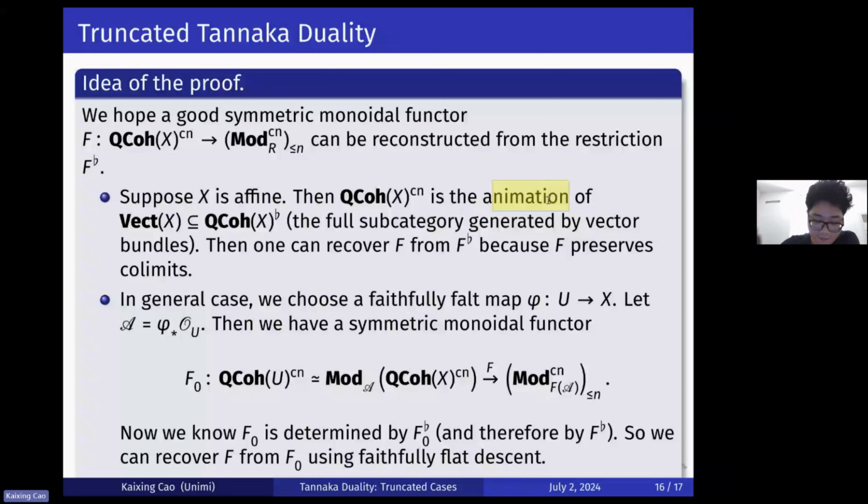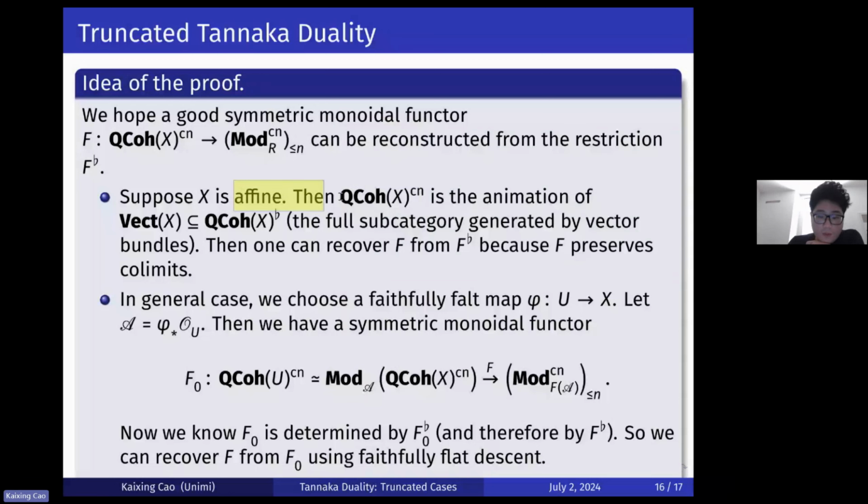Animation is a kind of spatial colimit combination, which is very similar to the ind-completion of infinity categories. And we also know F preserves all the small colimits. So we know the values of F on flat objects, we will recover the values of F on the connected part. This proves the affine case.